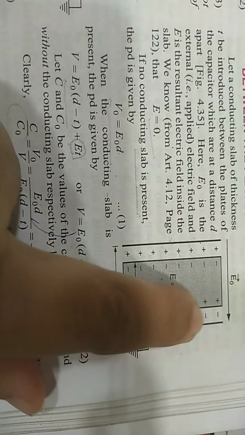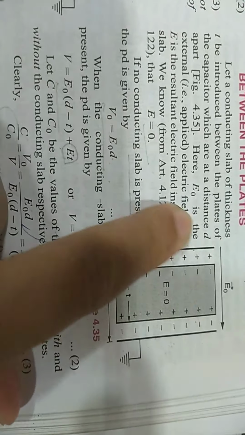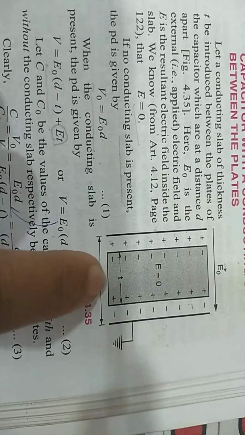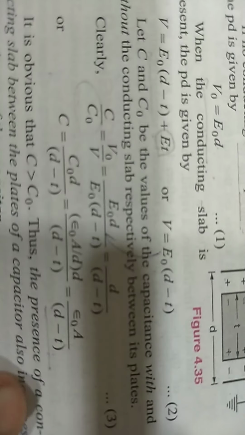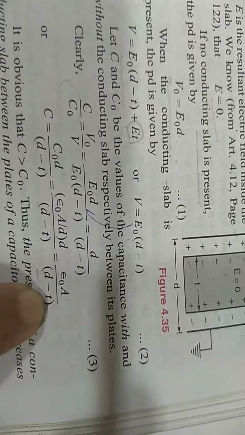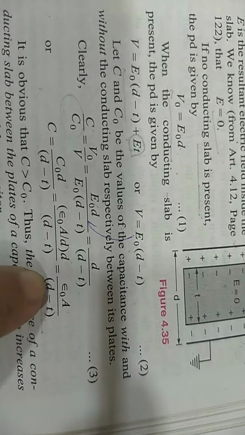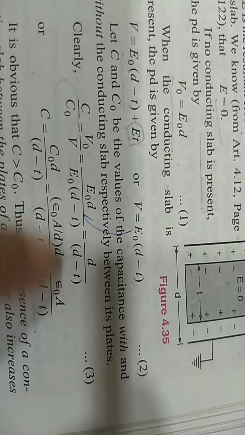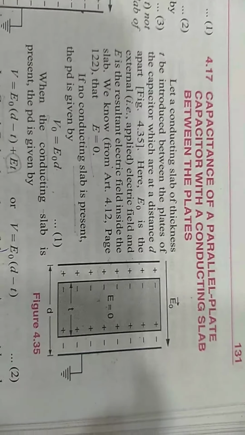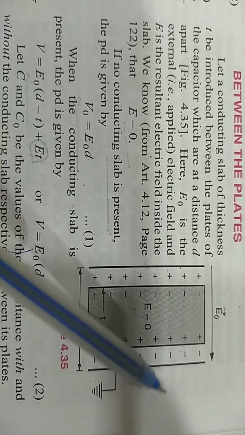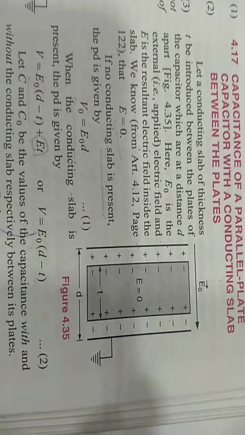Imagine now that I put this conductor completely, not up to T thickness but up to D thickness. In that case T will be replaced by D, this term will become 0, and the capacitance will become infinite if it is completely filled with a conductor.